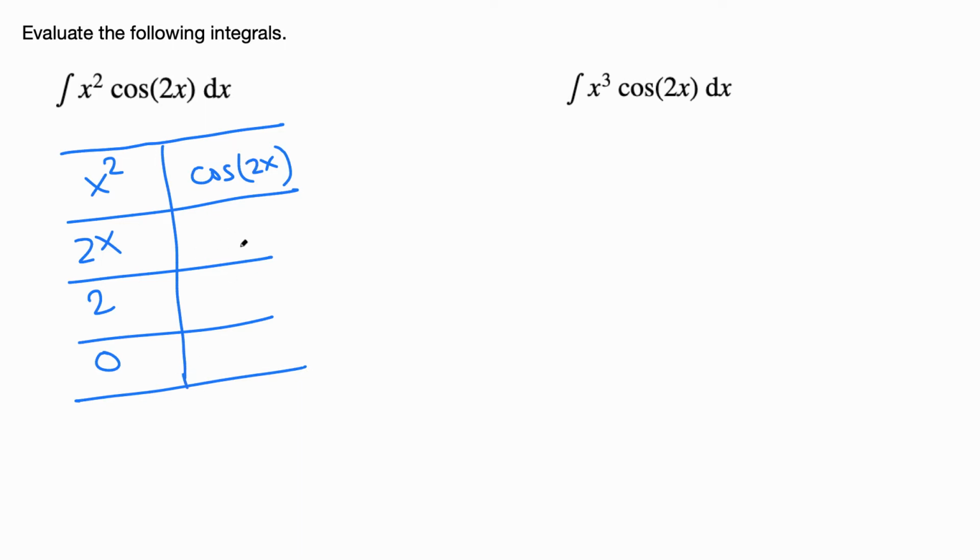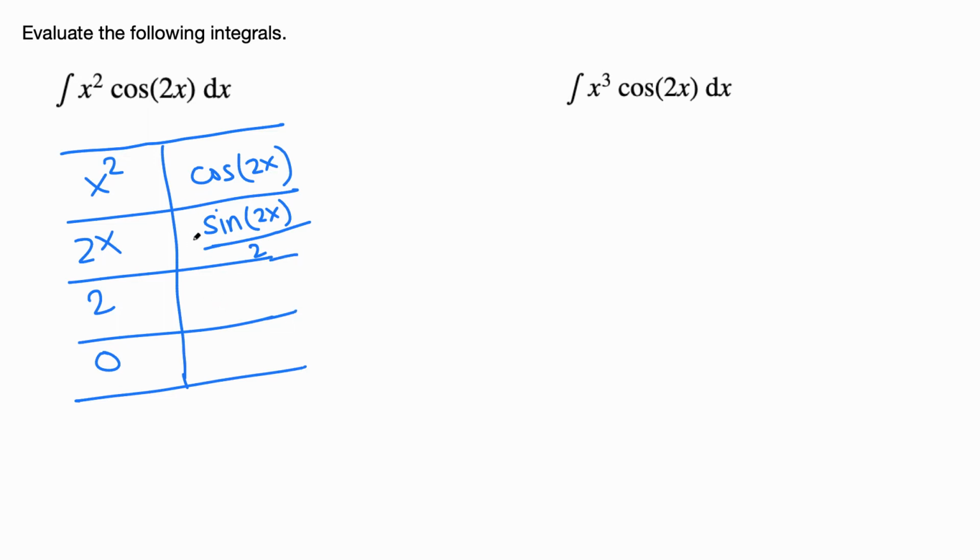We cannot go on anymore, this is 0. Here we differentiate, and here we integrate. Cosine 2x, the antiderivative of cosine is sine 2x, but because of this 2, we need to divide by 2, so sine 2x over 2. This 2x is the angle. Integrate again.